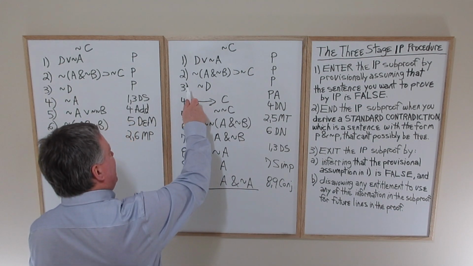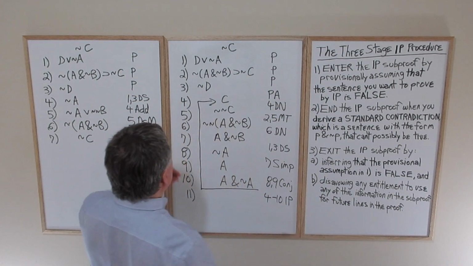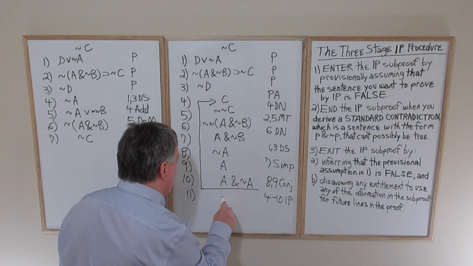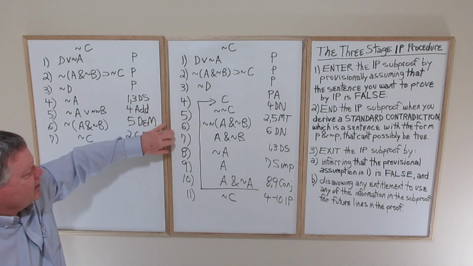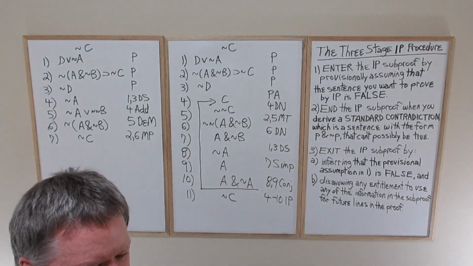So we exit the IP subproof 4 to 10 IP, having proven that if these three premises are true, then C can't be true, which is an indirect proof that tilde C must be true. Notice this proof is at least as complicated as this one over here, but instead of requiring 5 inference steps, it requires 8. So here's a situation where clearly the IP subproof procedure isn't going to make things easier.